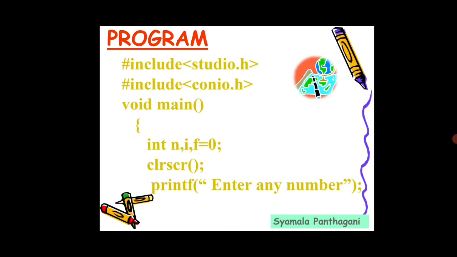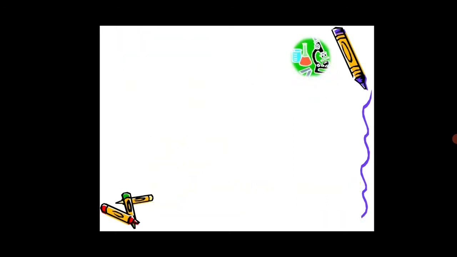That's why we have to write the scanf function. scanf %d ampersand n means we are taking an integer from the end users, because we have written here %d, that is the type conversion of integer type data. Now continuation for this program.